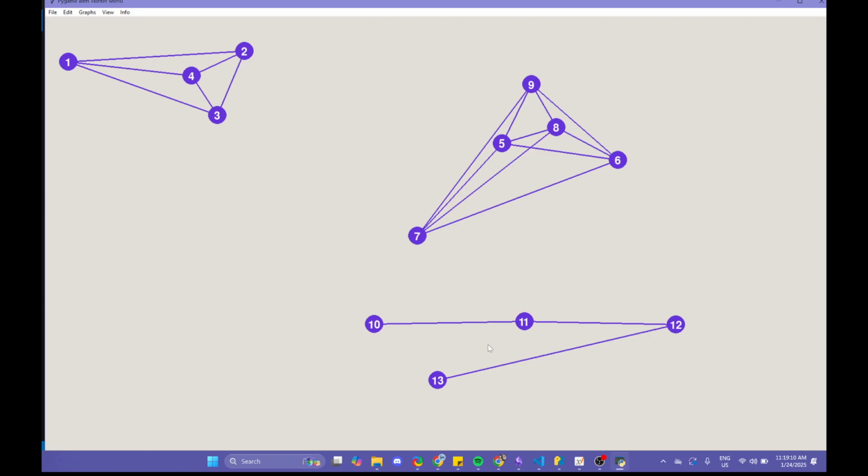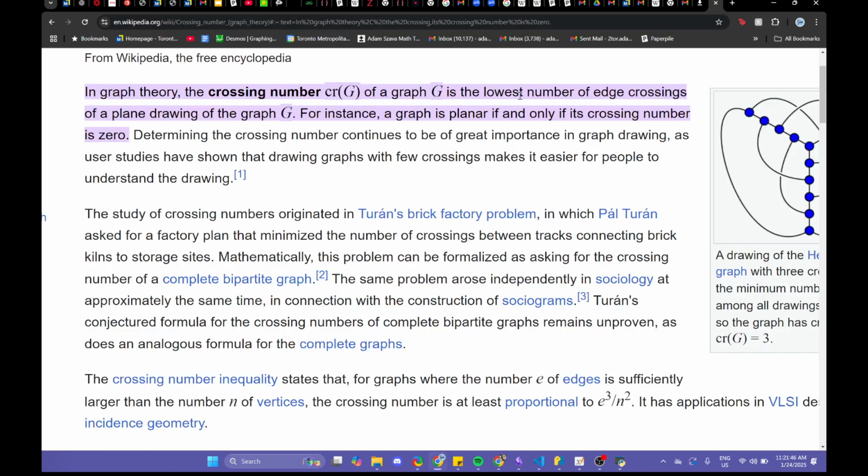In graph theory, the crossing number, cr(G), is the lowest number of edge crossings of a plane drawing of the graph. Plane drawing meaning on a piece of paper, right? So if I ask what the crossing number of this graph is, I'm looking at all the different drawings of it and finding the smallest number.